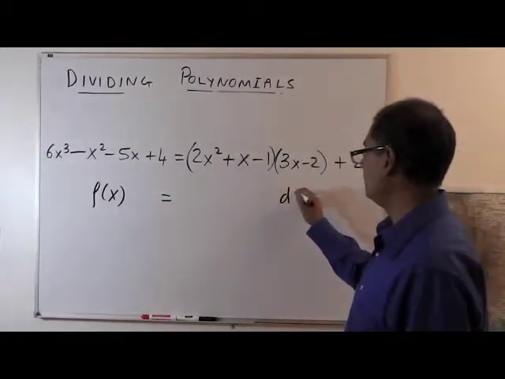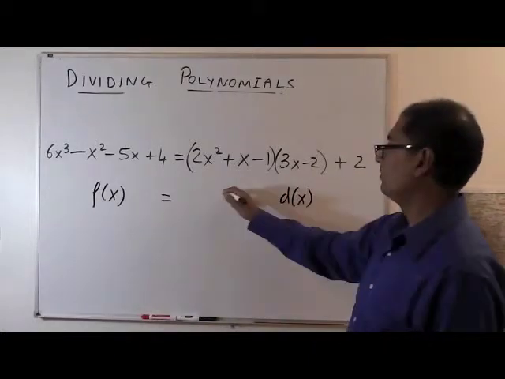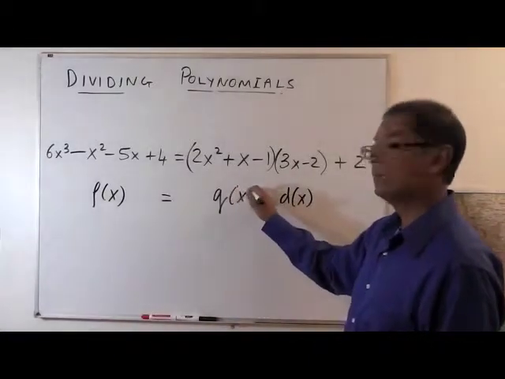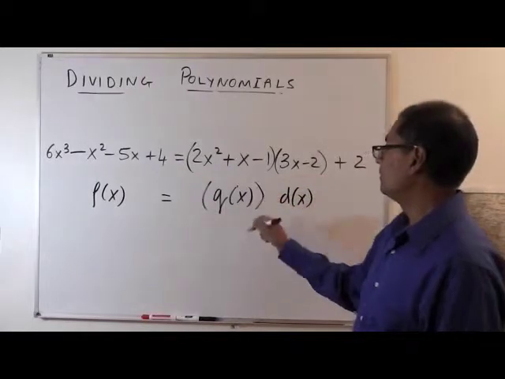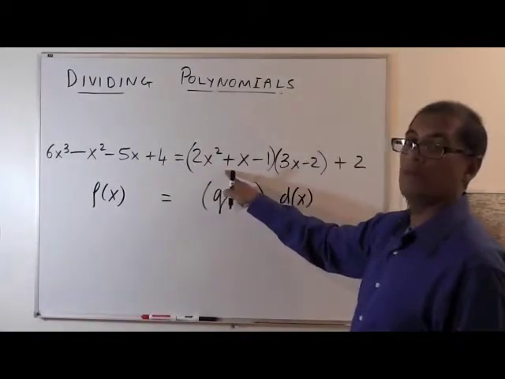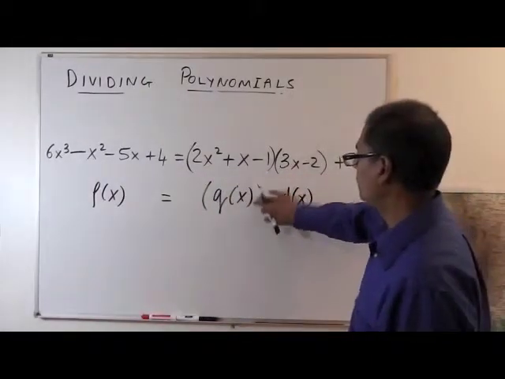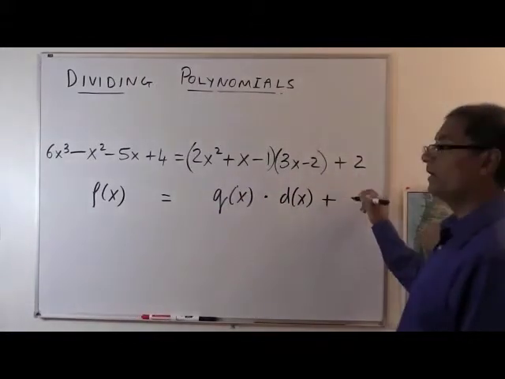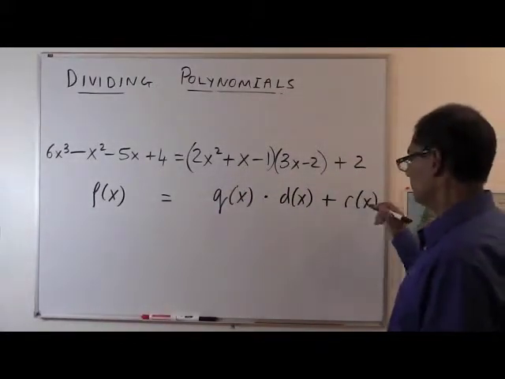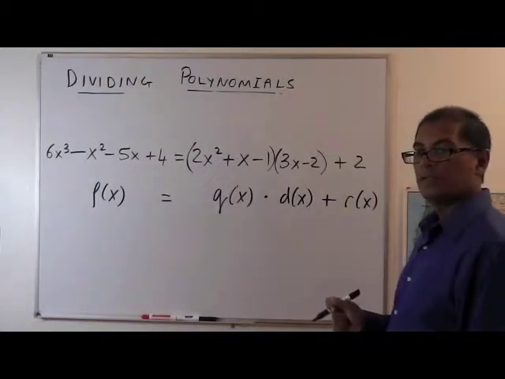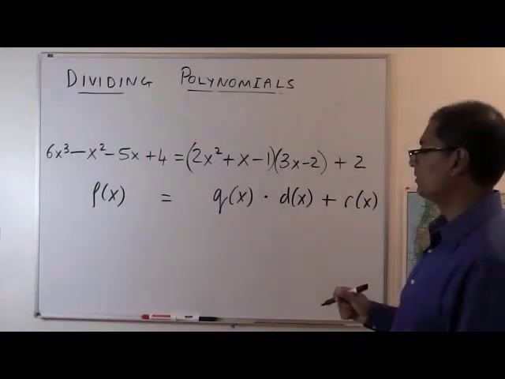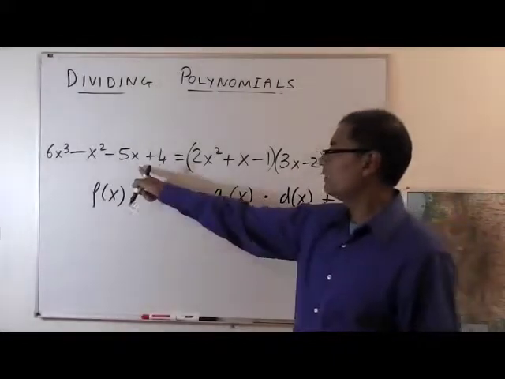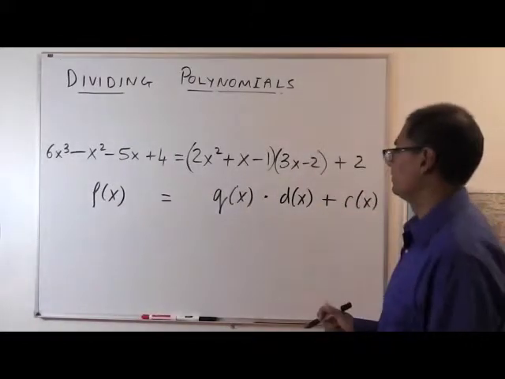So that's my divisor, d of x, times the quotient. The quotient we got was 2x squared plus x minus 1. So q of x times d of x plus my remainder of 2. And so we've used the division algorithm to break down this polynomial f of x.